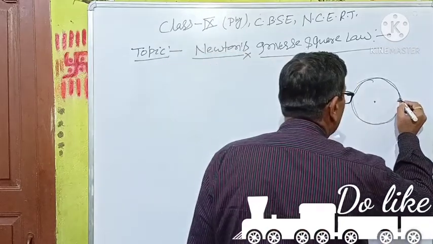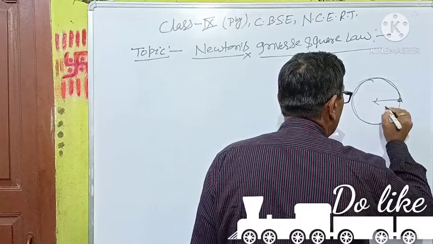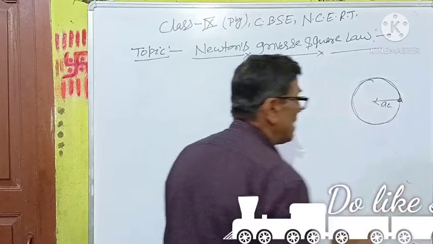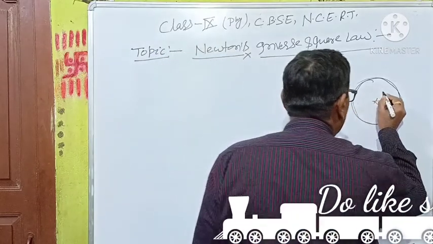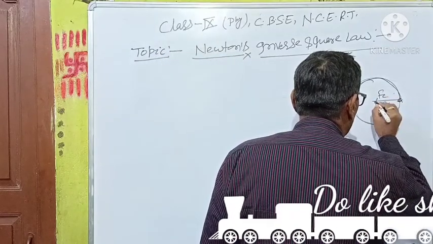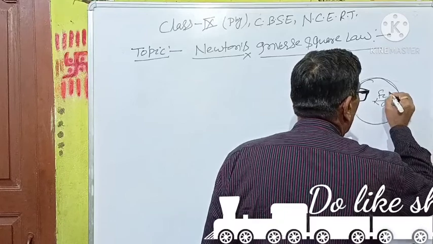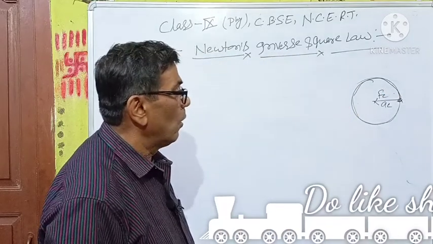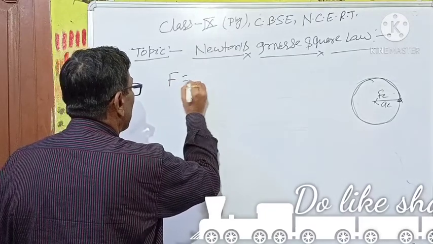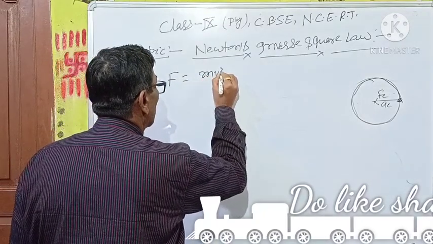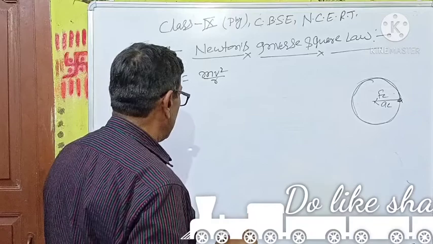This acceleration acts toward the center and is known as centripetal acceleration, and the force which acts toward the center is known as centripetal force. So here force F is equal to mv squared by r.